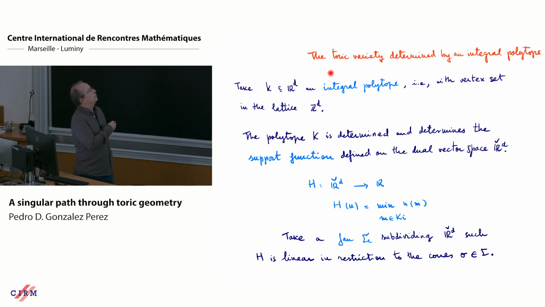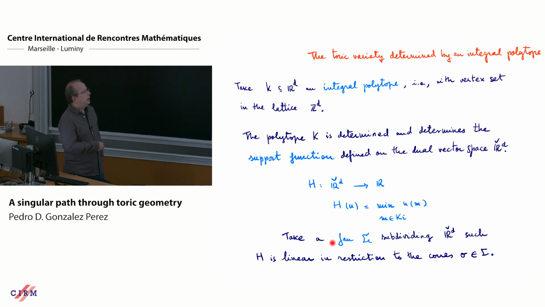We take K an integral polytope, that is a polytope with vertex set in a lattice, let's say Z^D, for instance. Then the polytope K determines the support function, which is defined on the dual vector space by taking the minimum on the elements of the polytope.